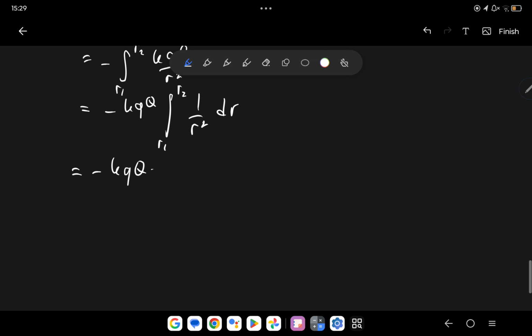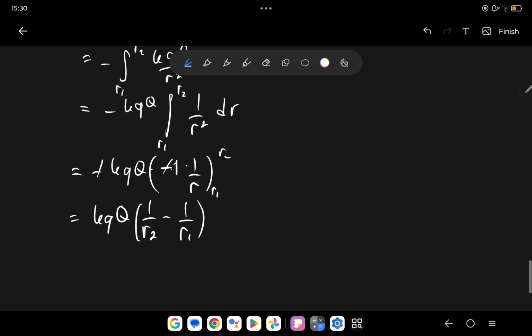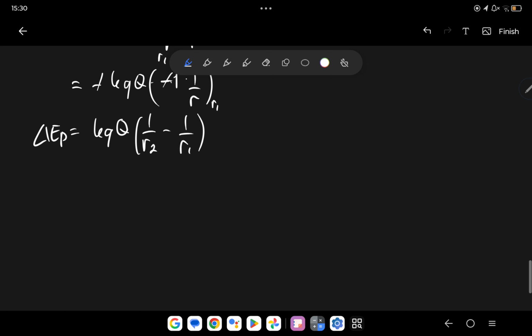So the power gets added, and then it becomes the multiplier. So this becomes negative 1 multiplied by 1 over r. Limits of r1, r2. This becomes k q of 1 over r2 minus 1 over r1. Nice! So EP is equal to k q q over r.